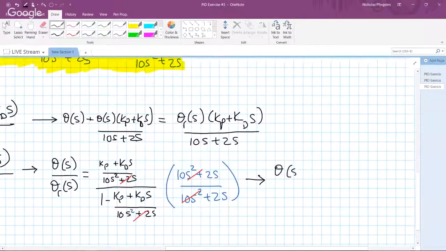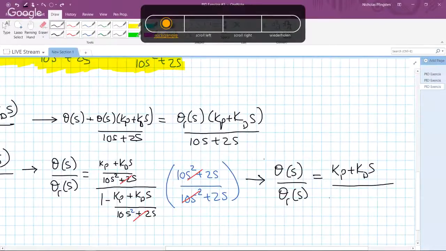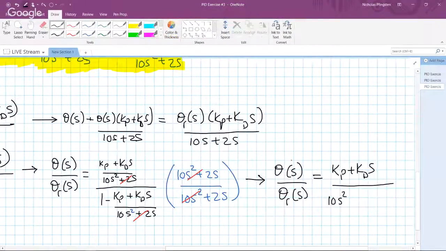So the theta of S over theta R of S is going to equal Kp plus Kd of S over 10S squared plus 2S minus Kp plus Kp plus K sub D of S. Let me double check this real quick.